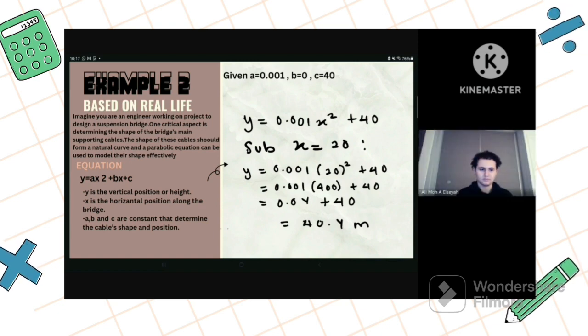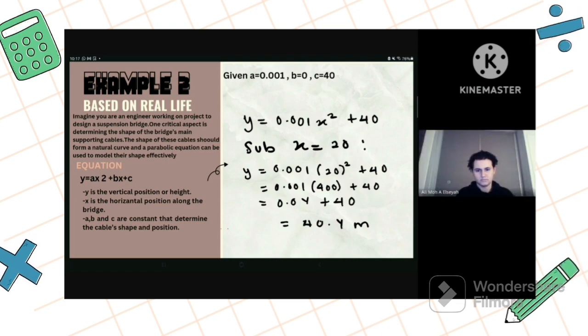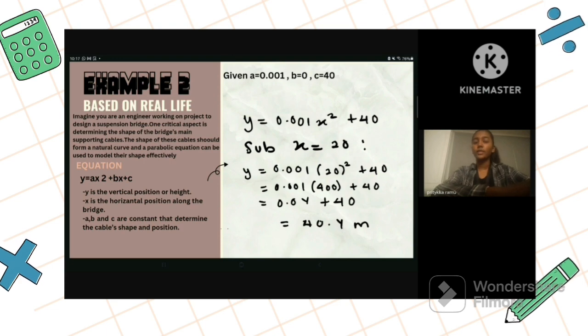The same equation is being used, where y is the vertical position or height, x is the horizontal position along the bridge, and a, b, and c are constants that determine the cable's shape and position. Given a equals 0.001, b equals 0, and c equals 40. By substituting into the equation, you will get the answer 40.1 meters.